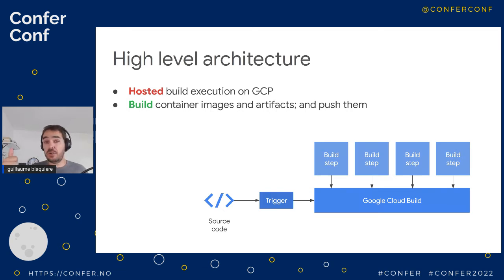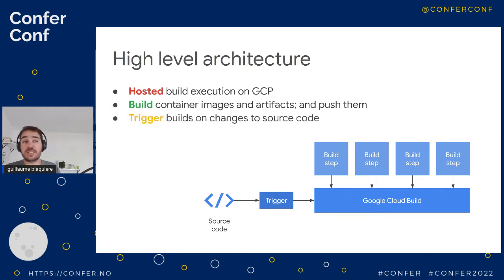I mean your containers, but also your jar, your Java package, your Node package with npm, your Python package, and very recently your apt and yum packages also. So you can push all these artifacts to Artifact Registry, and of course, as I said, you can trigger builds when your source code changes.